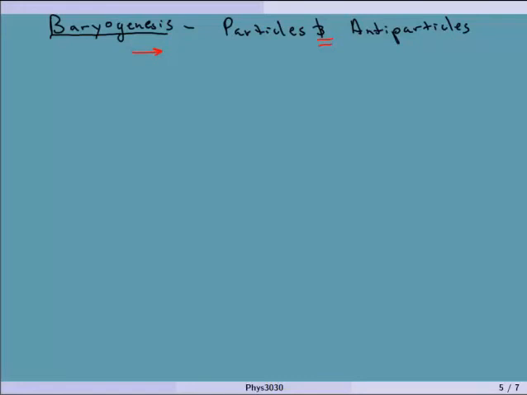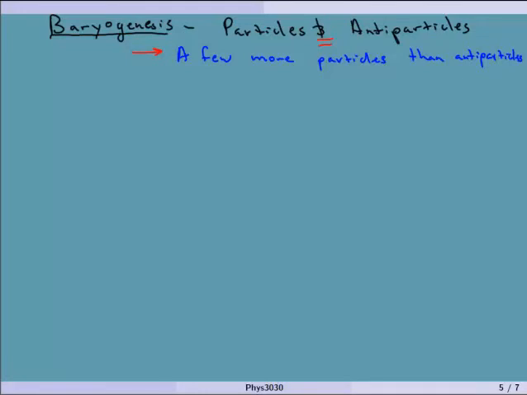And so it turns out that there were a few more particles than antiparticles. And of course, they're called particles because they're the ones that we see all the time. If they were the other ones, they'd be called particles, and then we'd call the other ones antiparticles.